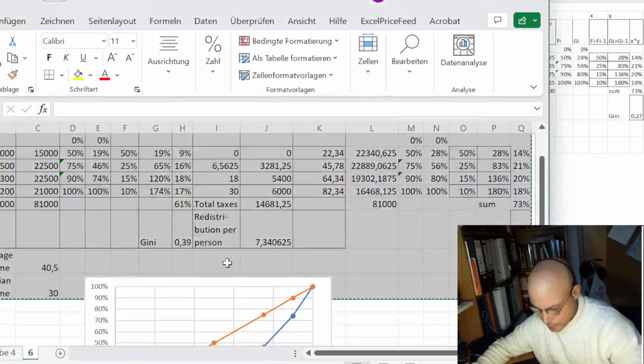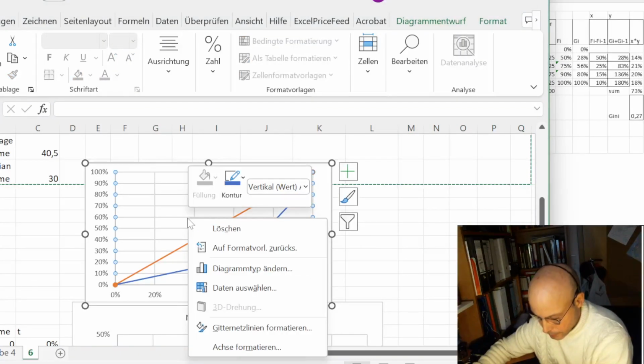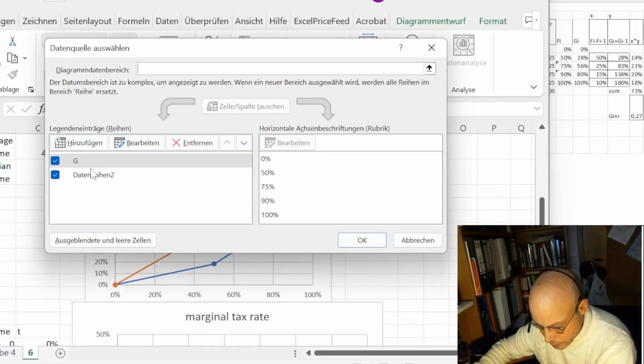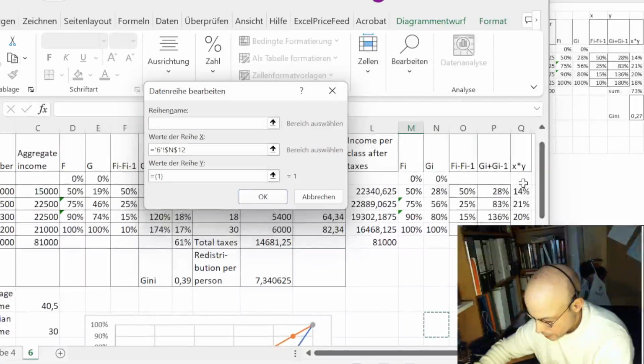And we want to insert also here the redistributed, and this would be then Fi and Ci.